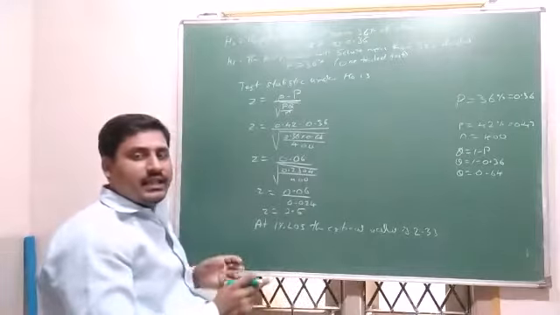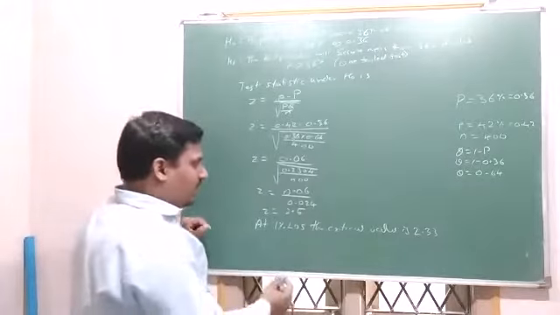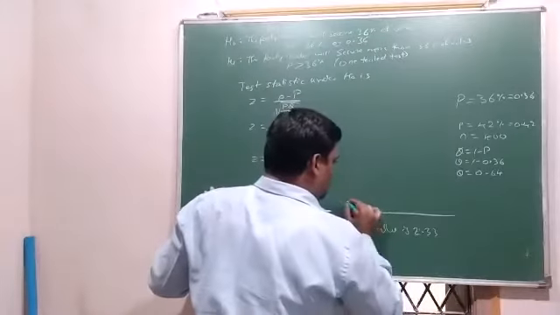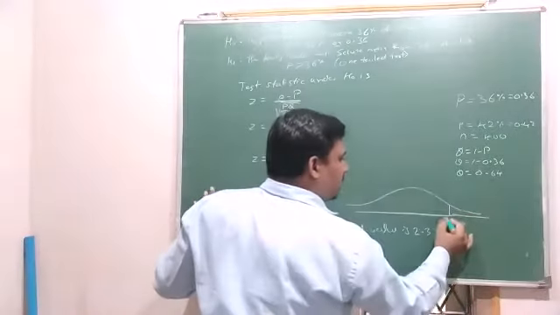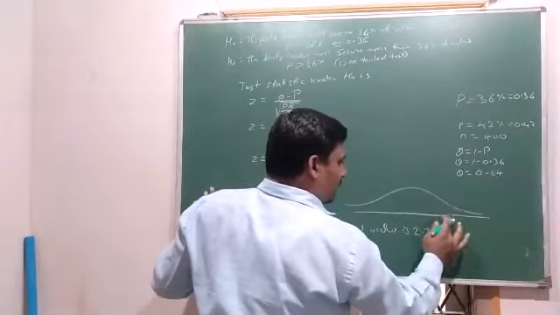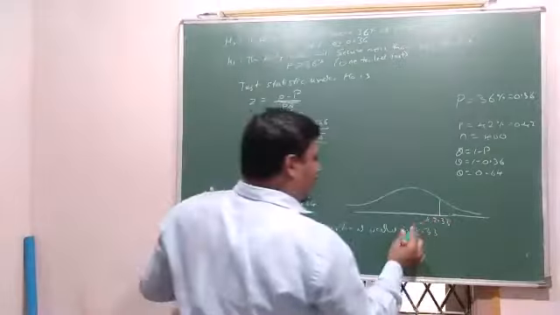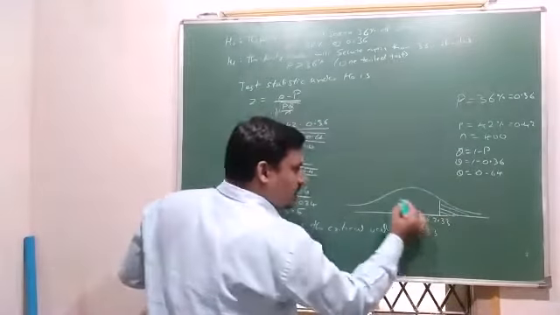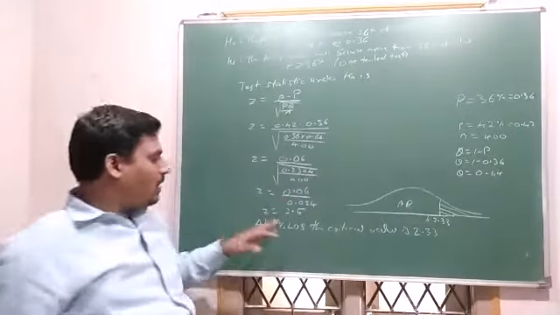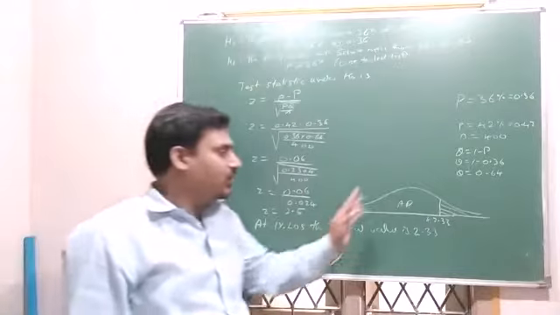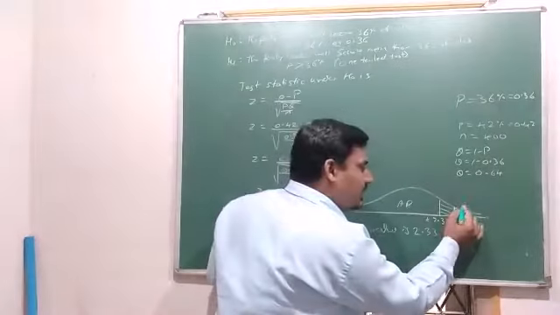If it were lower-tailed, then it would be minus 2.33. So this is the K value, and this is the critical region. This entire side is the acceptance region. Now our answer is plus 2.5, which goes beyond 2.33. So our answer lies in the rejection region.